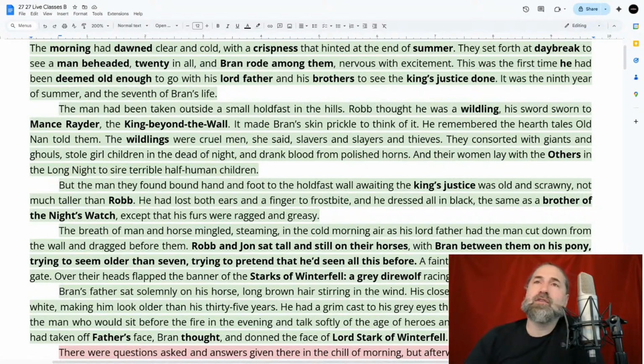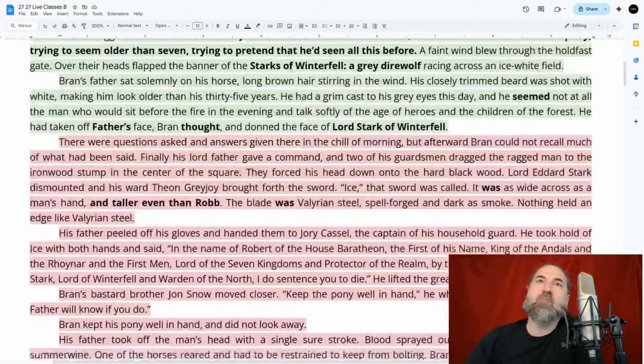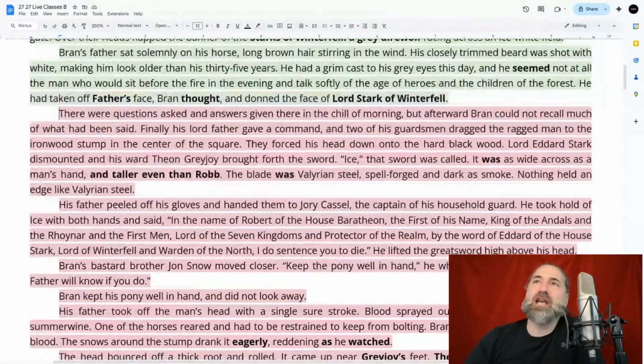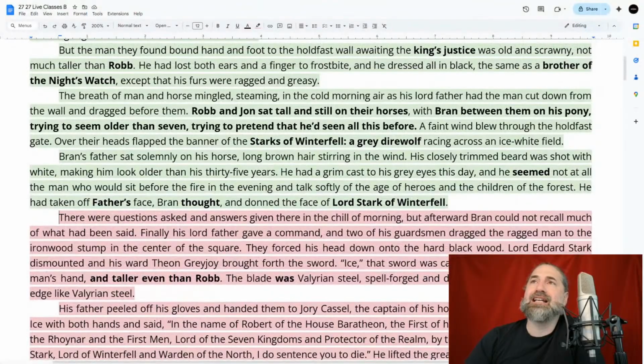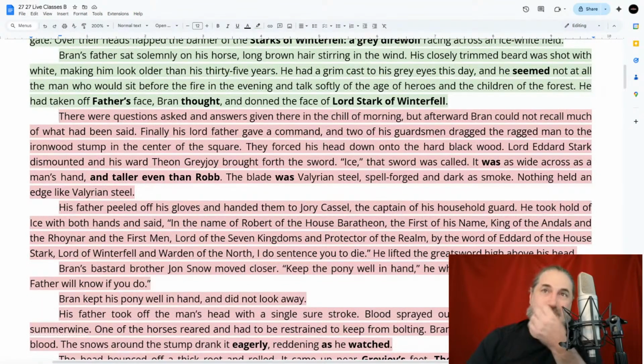But the conflict is Bran being challenged. Bran was trying to act like he's seen this all before, trying to pretend he'd seen all this before. And now he gets to see the person die, get their head cut off. But we learn a couple more things.